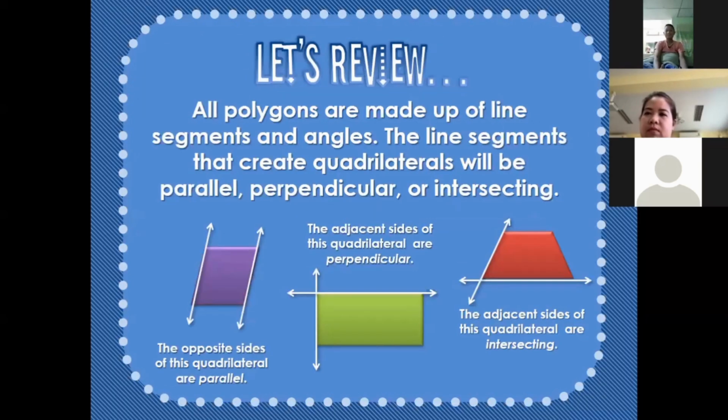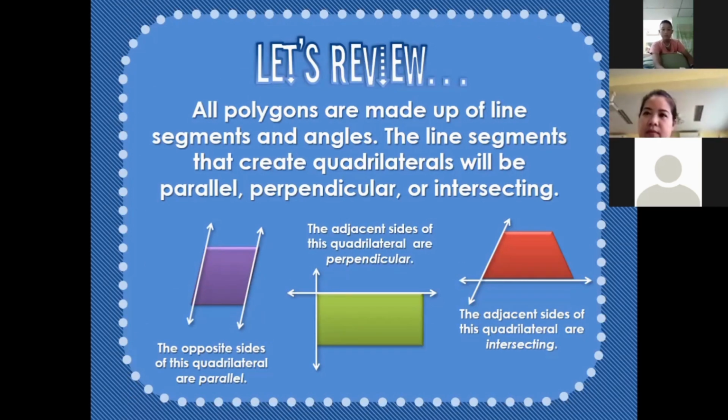We will first recall the different types of lines. I know you've learned this already in P5/1, because this topic is about parallel lines, perpendicular lines, and intersecting lines.